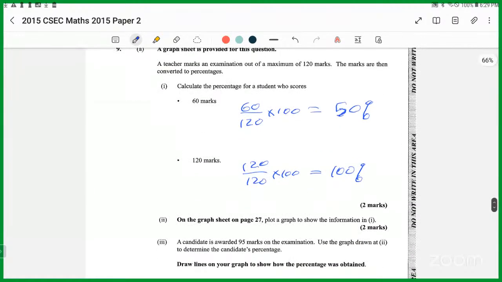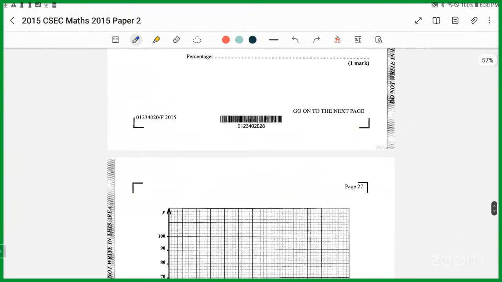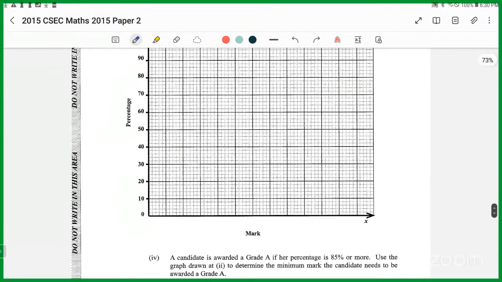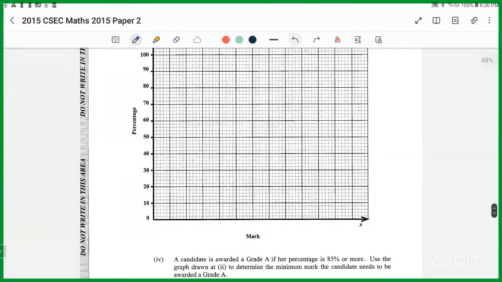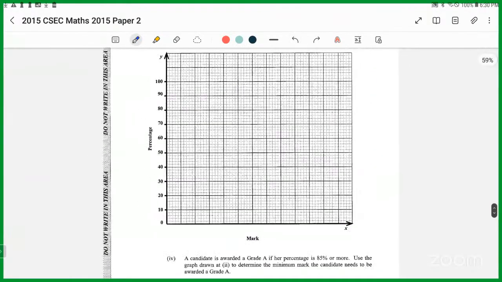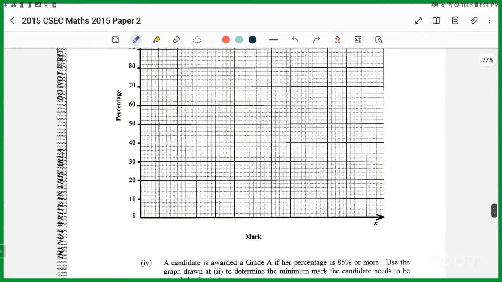Then it says now, on the graph sheet, plot the graph to show the information. So we want to show that 60 marks is 50% and 120 marks is 100%. I'm going to end up with a straight line graph. See down here now. They put the percentage on first, but not the marks, and we need to go up to 120. So can we go 10, 20, 30, 40, 50, 60, 70, 80, 90, 100, 110, 120?